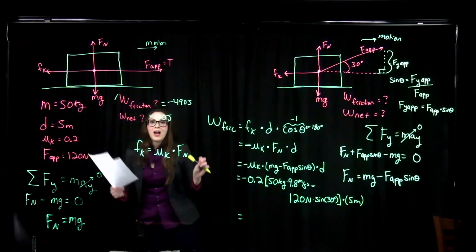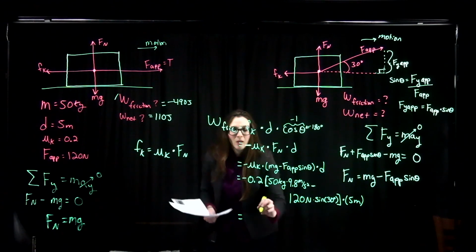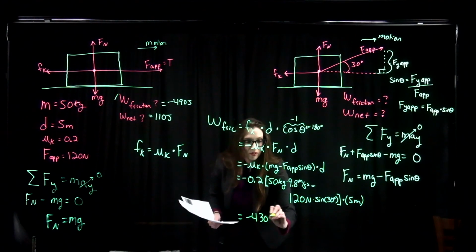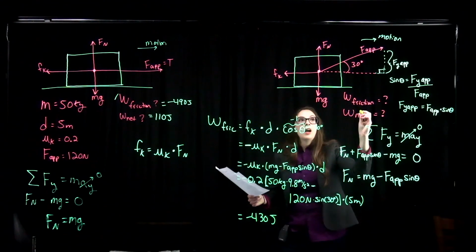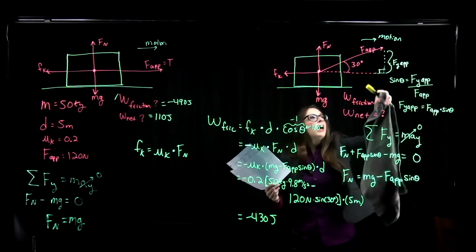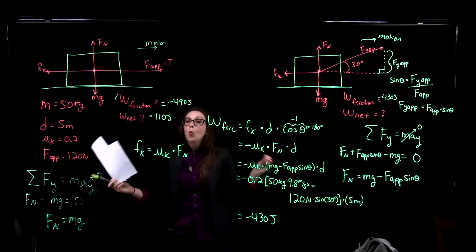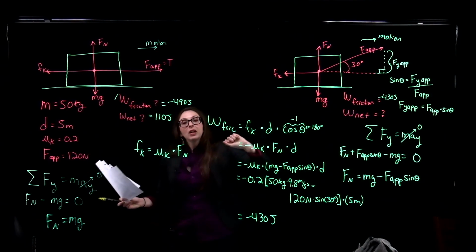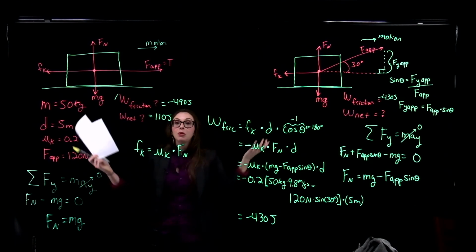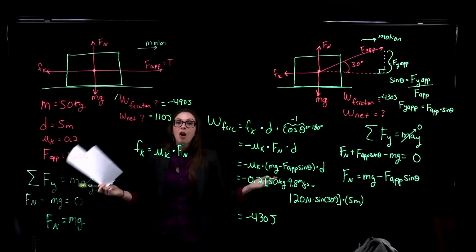So my work done by friction, plugging in all this, is minus 430 joules. This time, our work done by friction is actually a little bit less than the work done by friction in our previous problem. Why is it a little bit less over here? Because we've got that rope that's pulling upward, and it's removing some of the weight component of that crate that's resting on the surface.